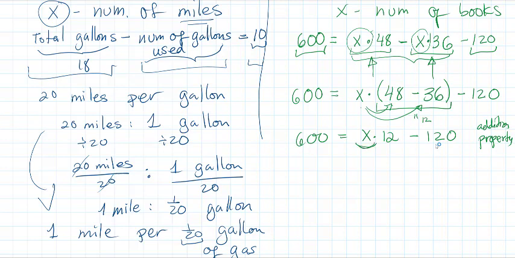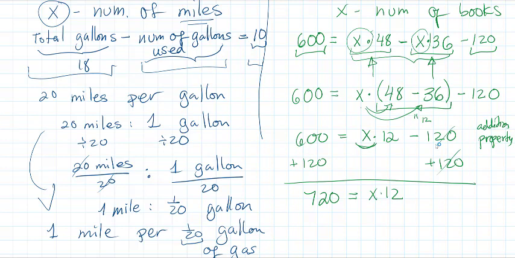That's how we solve for x. So let's add 120 to this side and to this side here. And here we get 720, right? 600 plus 120 equals x times 12 plus 0 because these two cancel.